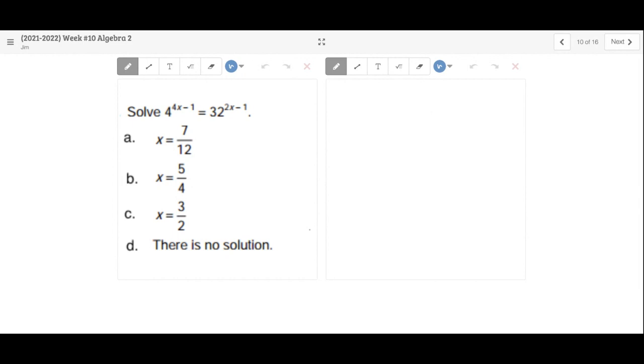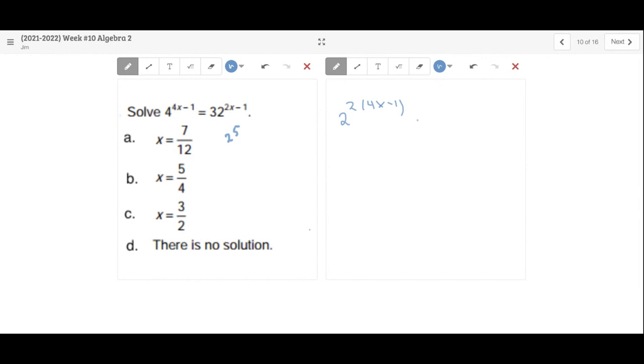Now, in this problem, I look at this and I've got exponents on both sides. Usually if that happens, I can rewrite it as a same base. I'm going to rewrite 4 as 2 to the second power, 4x minus 1. 32, I'm going to write as 2 to the 5th power. Is 32 2 to the 5th? I got to make sure. 2 to the 5th power is 32. Yep.